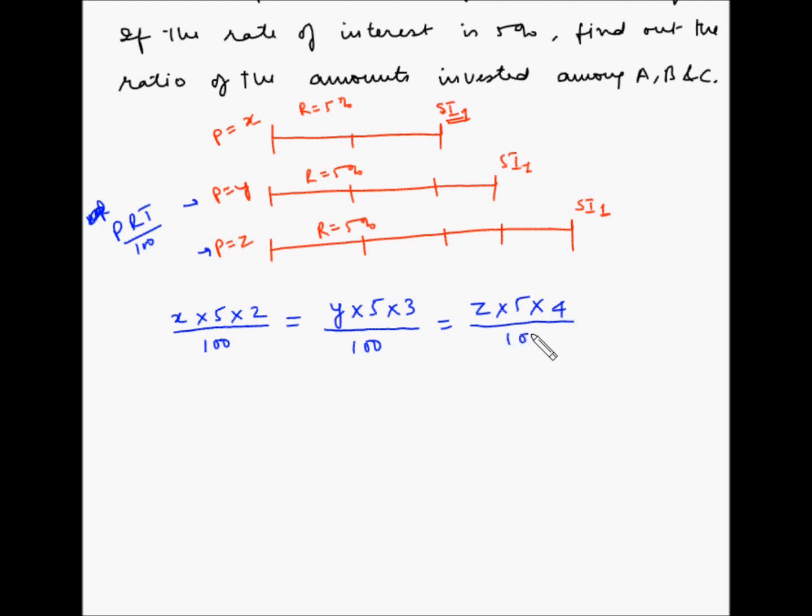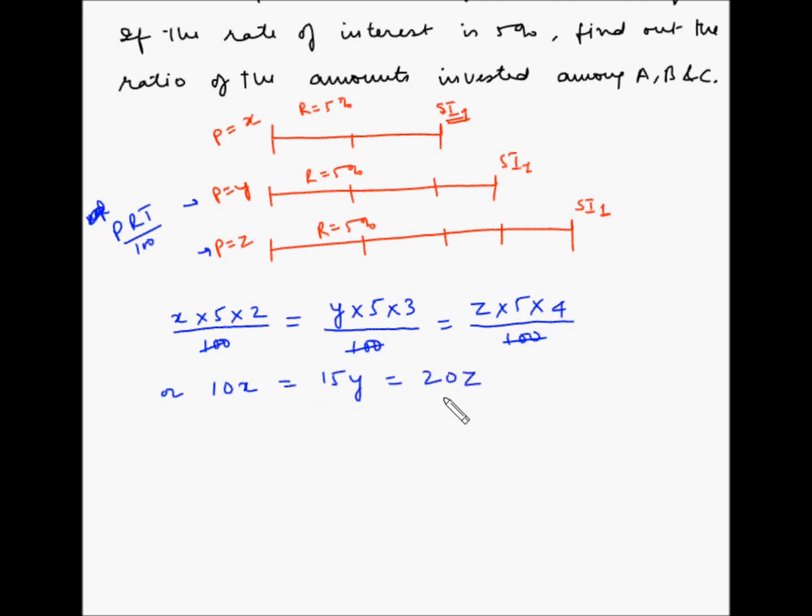divided by 100. So here we can multiply all three by 100, so the 100 will get cancelled. 5 2s are 10, so 10x is equal to 5 3s are 15, 15y is equal to 5 4s are 20, 20 times z.